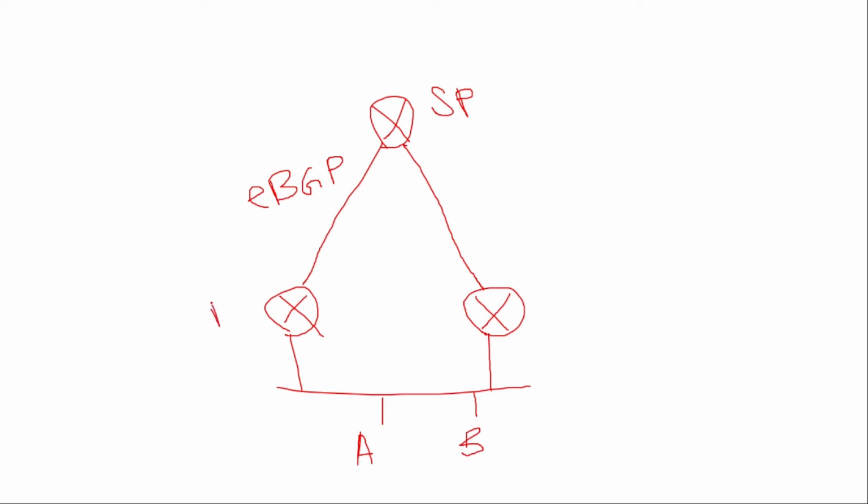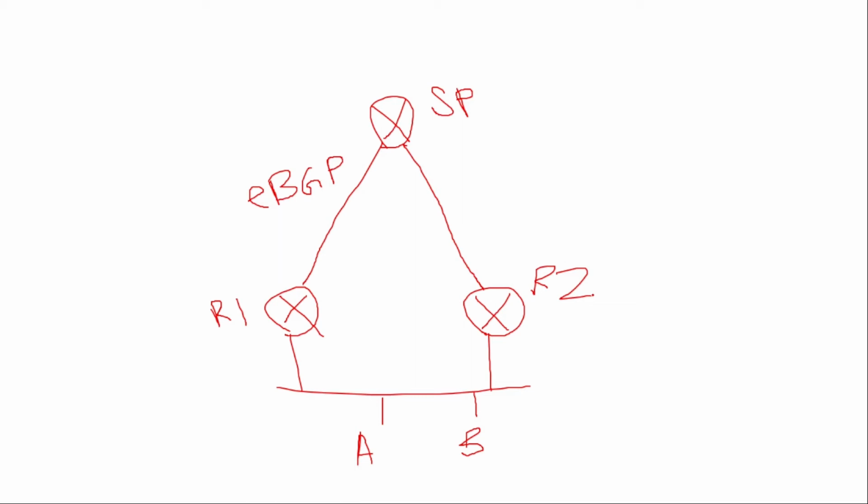Let's say this is R1 and this is R2. Actually, there are two methods. They are AS path prepending and manipulation of the MED value, which is multi-exit discriminator.